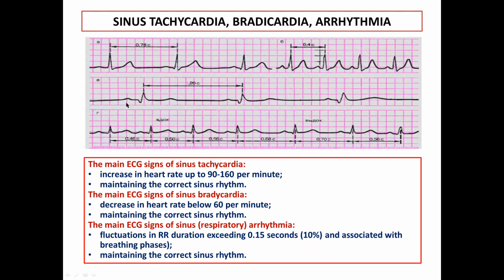Next is sinus bradycardia, a decrease of heart rate below 60 per minute, and here the sinus rhythm is also maintained. You see sinus P before QRS complexes, only we have elongation of RR intervals, and it may be characteristic of a normal healthy patient during sleep, or if your patient is an athlete.